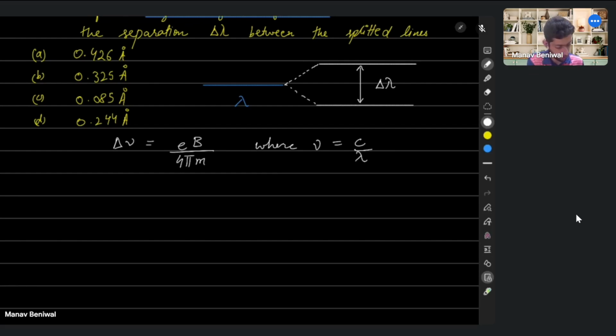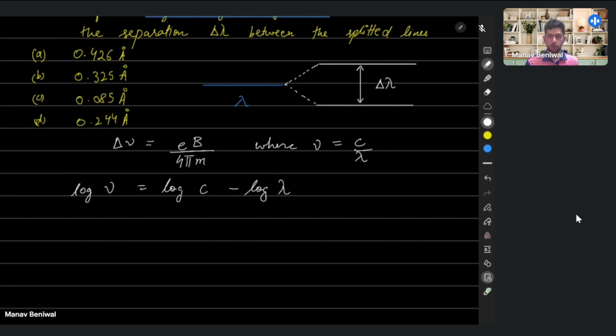Now to derive the formula for delta lambda, we are going to write log nu, which will be log c minus log of lambda.